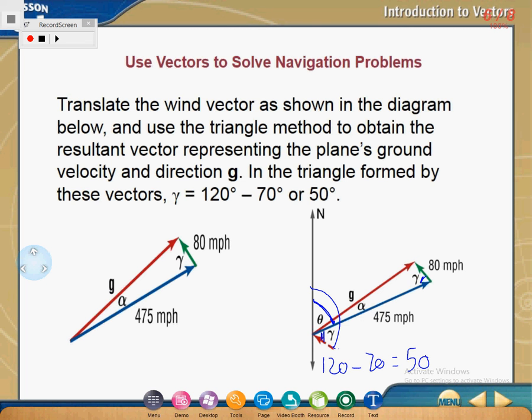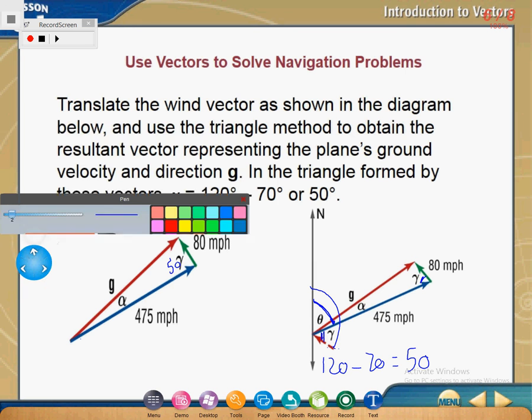This angle is 50 here. Now, let's see about the magnitude. We know that this is 475. What about this? It's 80 from the question. So this should be 80 also. Clear? The green one will be 80.